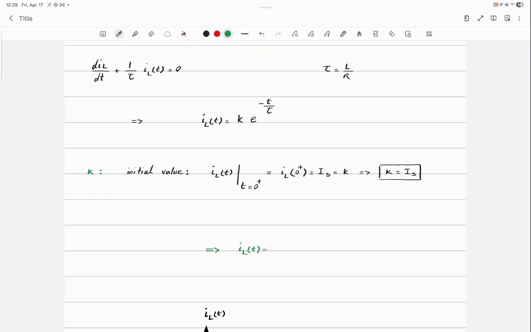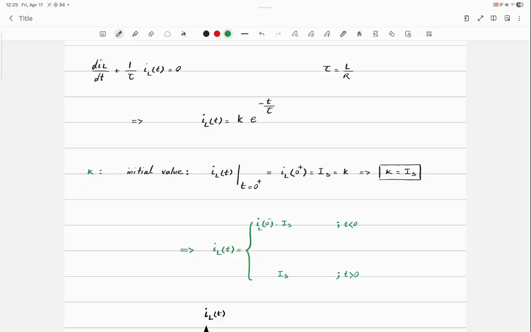IL(t) is equal to, for negative time, it's equal to IS. For positive time, what is the value? Let me write it like that.